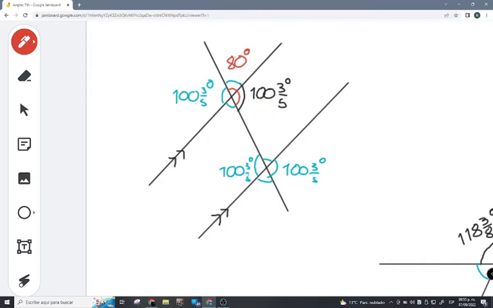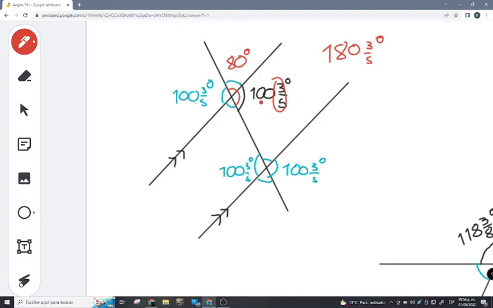But remember that we have this fraction. So if we combine 80 and 100 and also 3/5, we end up with 180 and 3/5 degrees, which exceeds what we need. We are having more than what we need.